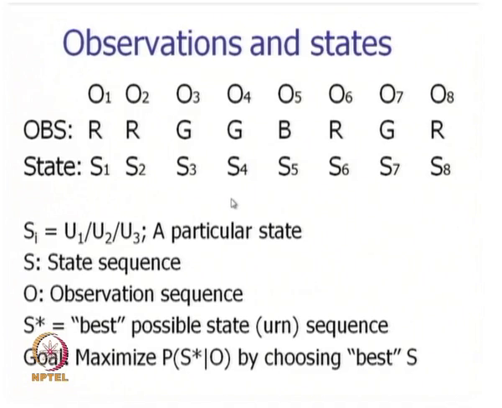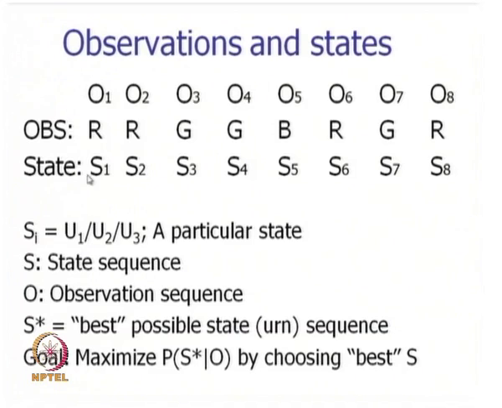The observations and states can be depicted in this way. We have the observations R R, G G, B R, G R. These observations are O1, O2, O3 up to O8 and the states corresponding to these are S1, S2, S3 up to S8. Okay. So, each state is producing a particular color of the ball, a particular observation.